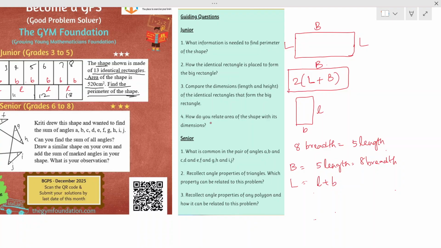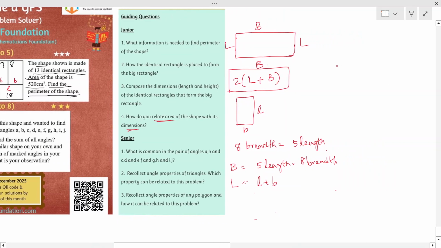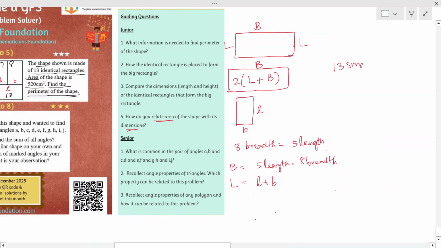So how do you relate the area of the shape with its dimensions? Now comes an interesting question. The area corresponds to the area of the bigger rectangle, but how many smaller rectangles make up the bigger rectangle? Yes, 13 smaller rectangles make up one bigger rectangle.